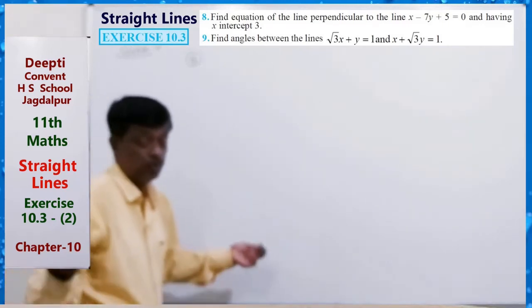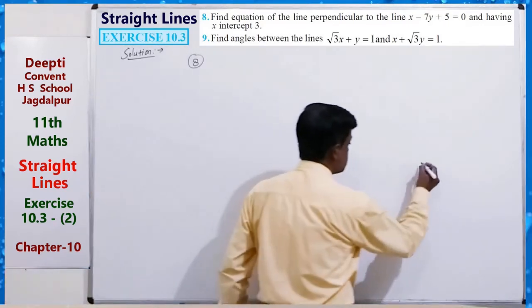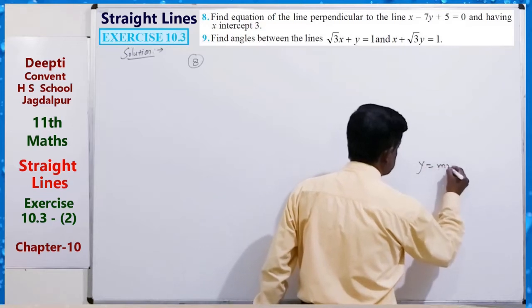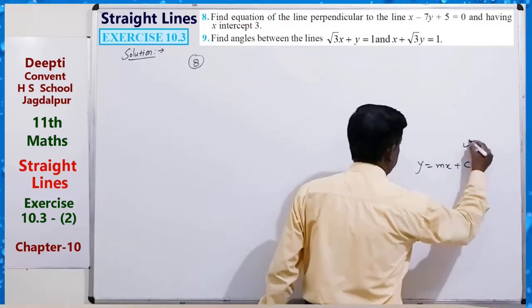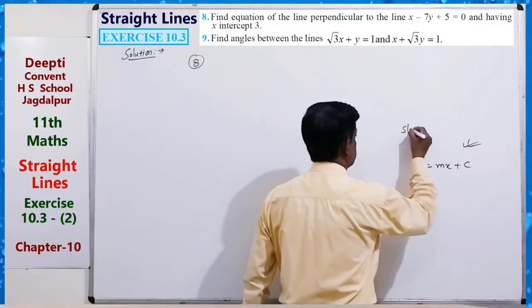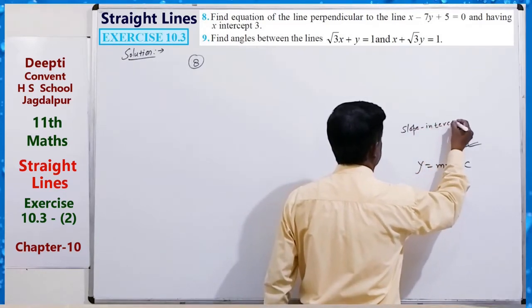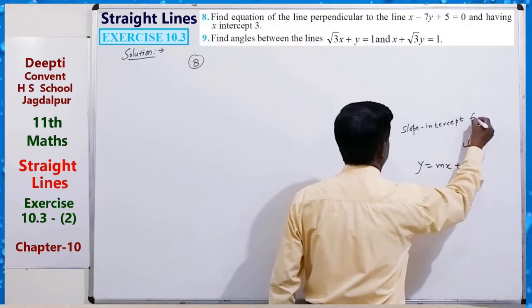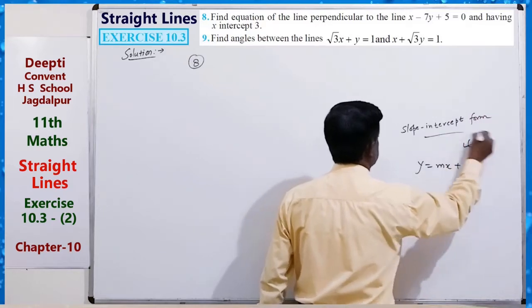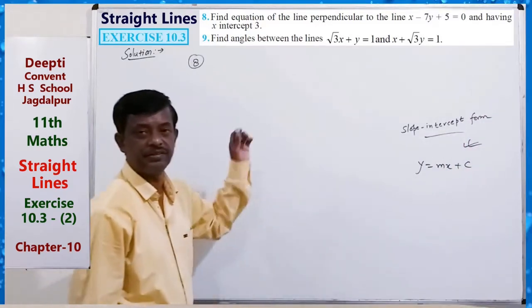So slope-intercept form. We can use y equals mx plus c formula. Okay, this is our formula for question 8.